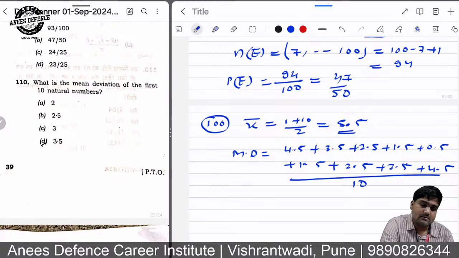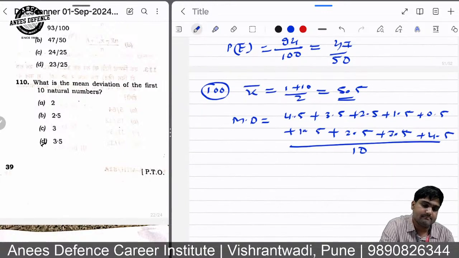Okay, so 4.5 plus 3.5 is 8, 2.5 plus 1.5 is 3, 11. Now add all these values together.